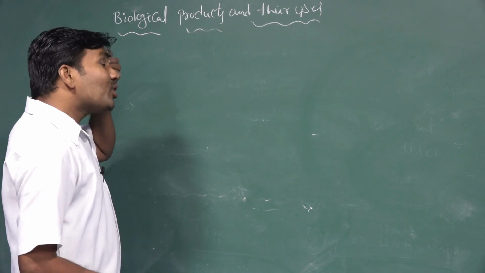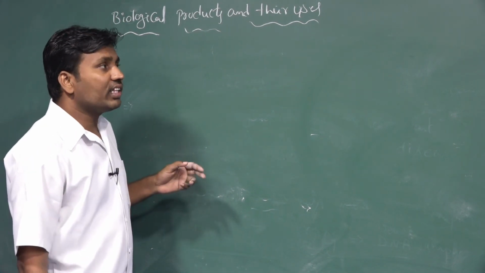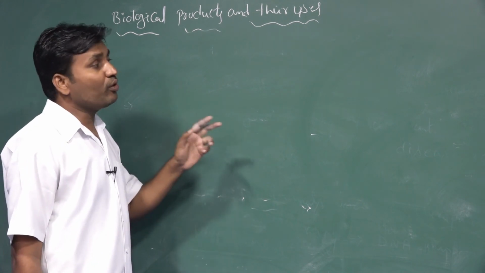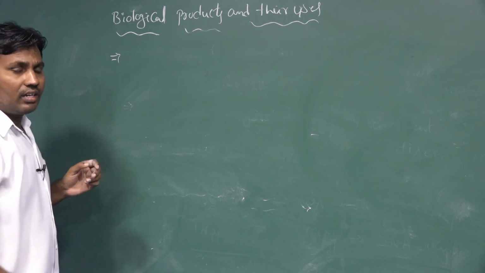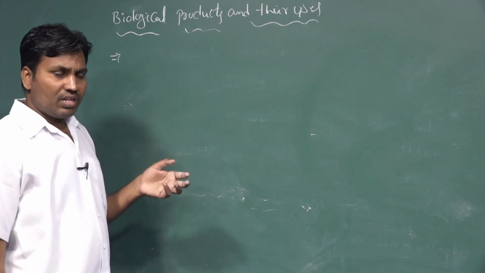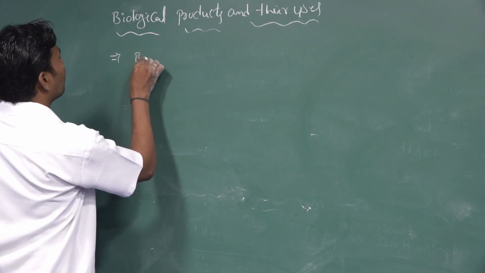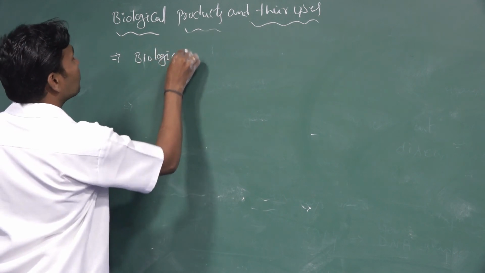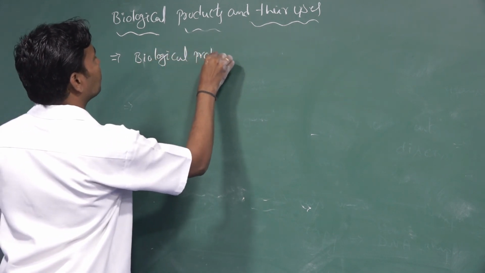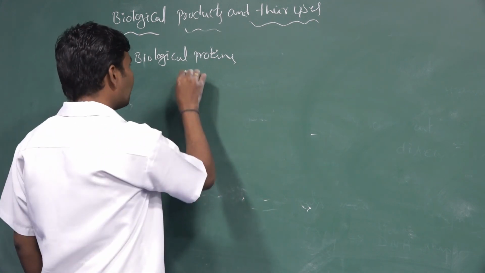So why are we going to use animals as a bioreactor? Why are we not following industrial methods to produce the different products? Here, in the case of organisms, animals or humans, we are taking biological proteins, biological products.